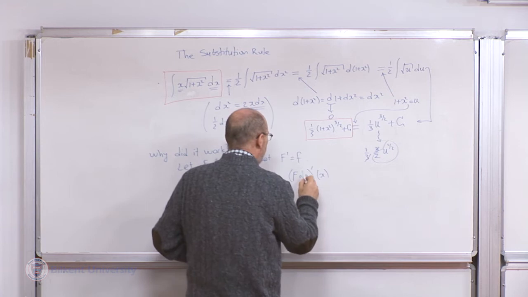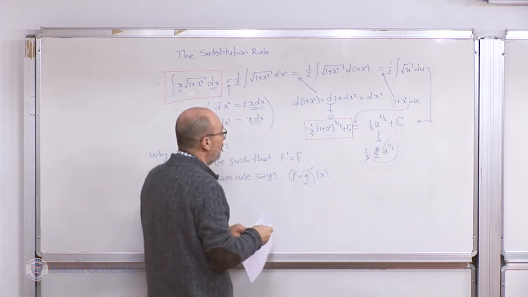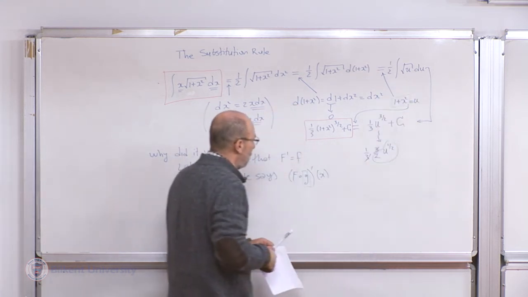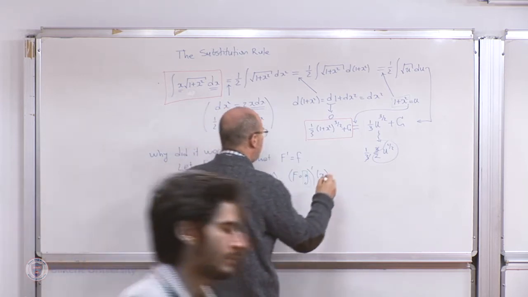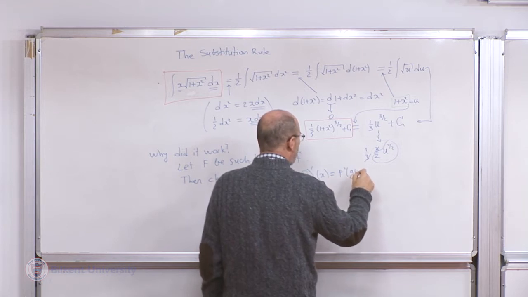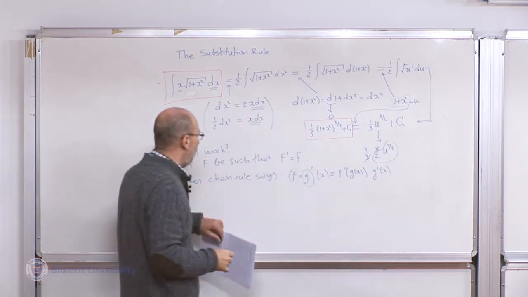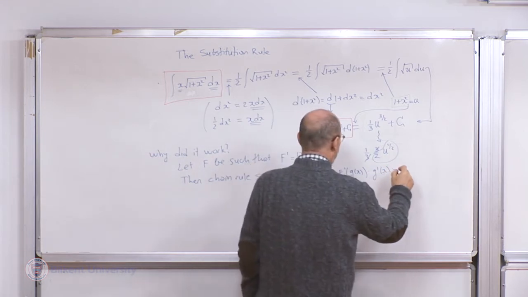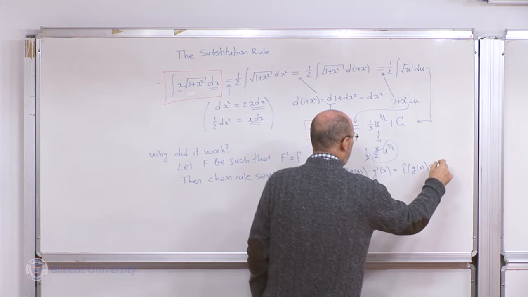So this g part is this part, and F is this square root u stuff. Okay, so now the chain rule tells us how to take the derivative of this. This is F prime at g of x times g prime of x. Okay, now going back, I know what F prime is. So this is f of g of x, g prime of x.